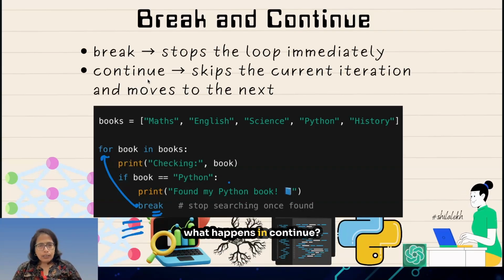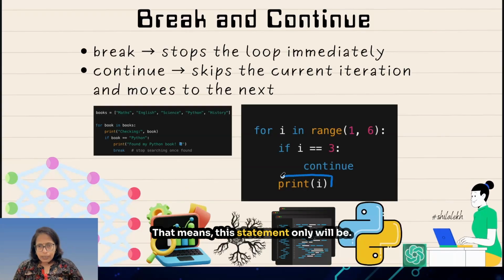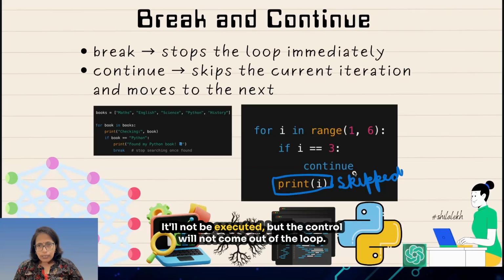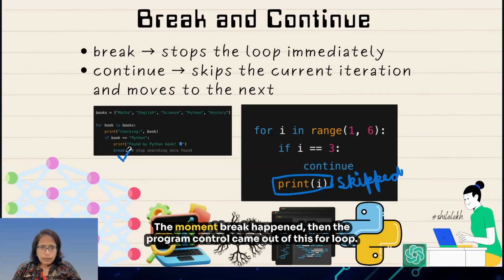What happens in continue? Let me give you an example. If i is 3, then it will continue. That means only the rest of this statement will be skipped, but the control will not come out of the loop. Here, the moment break happened, the program control came out of the for loop.